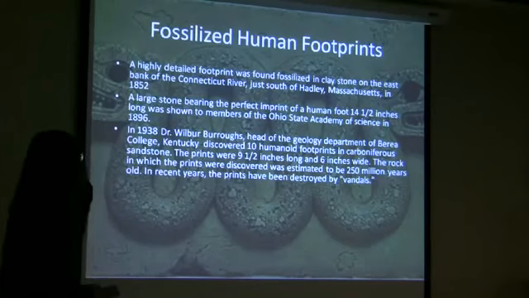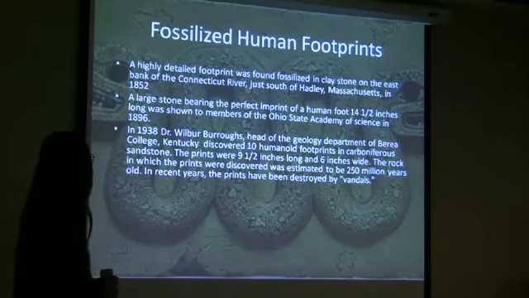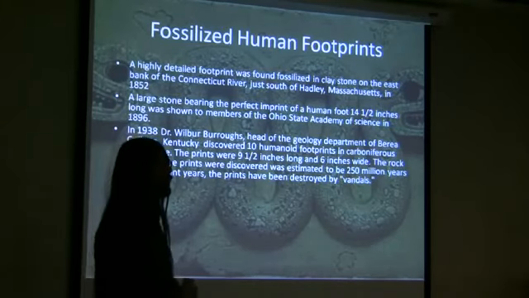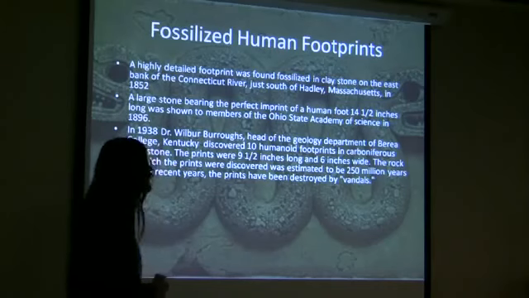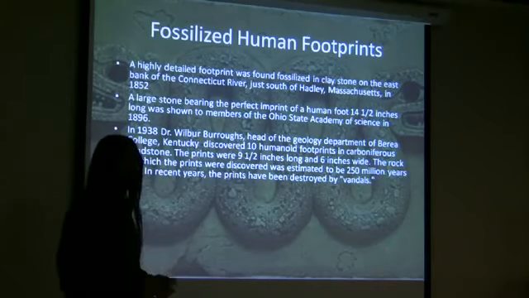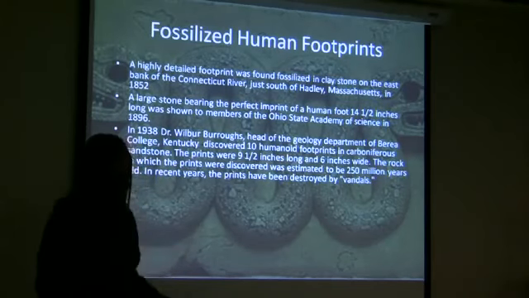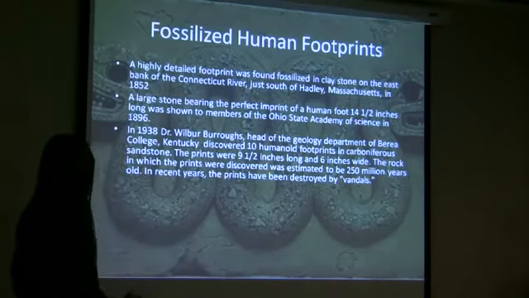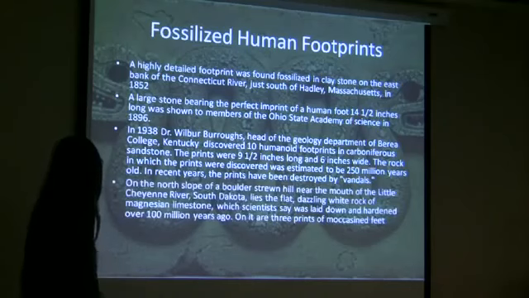The rock in which the prints were discovered was estimated to be 250 million years old, and in recent times the prints have been destroyed by vandals. Because a lot of these artifacts, when they're discovered, people destroy them. Because it's easier to destroy it and make it go away than it is to change the entire view we have on the history of civilization and the history of the Earth.